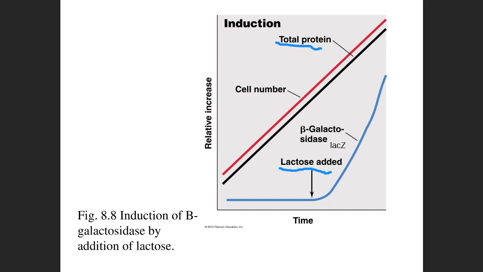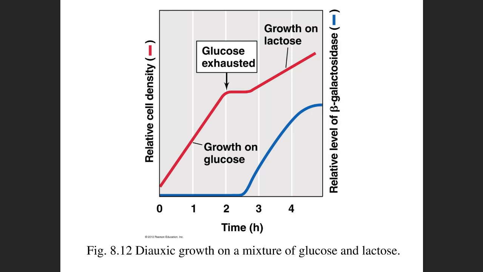To make things even more, I wanted to impress you even more about E. coli. This is looking at, the red looks at the numbers of bacteria, and the blue looks at the beta galactosidase. If you give the bacteria a little bit of glucose and lots of lactose, the bacteria will grow happily, and they will use only glucose.